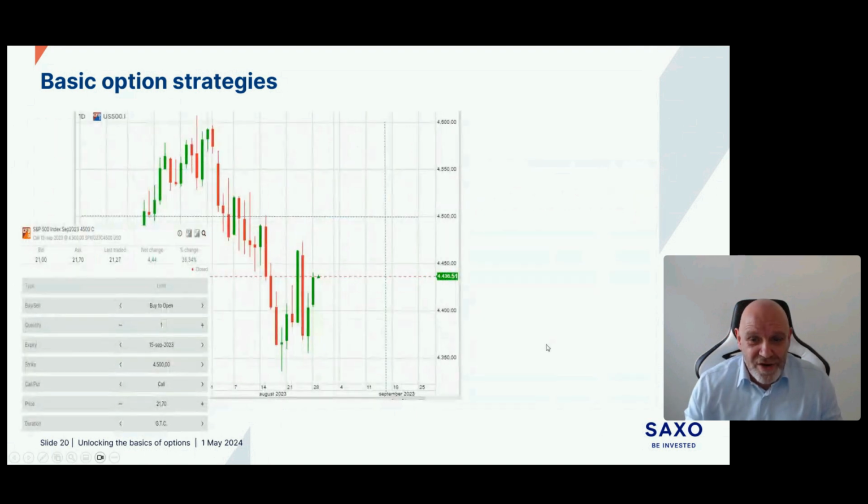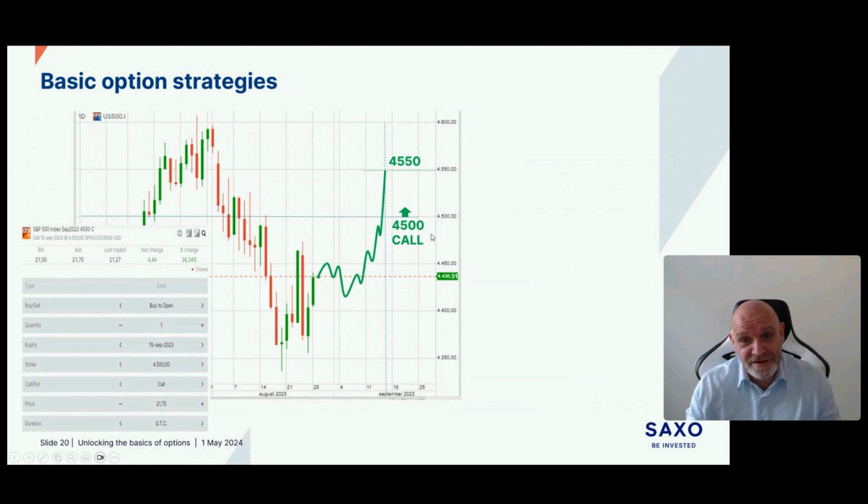Okay, a couple of scenarios. First scenario, everything goes well. That's very nice. The price goes before the expiration to 4,550. Remember, we bought a 4,500 call. That means that we have the right to buy the underlying for the strike price 4,500.